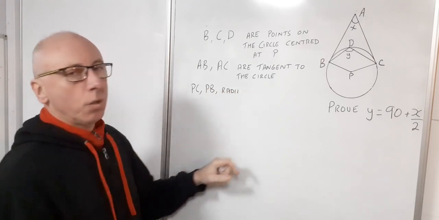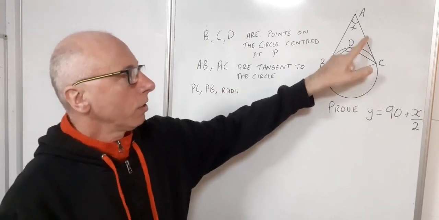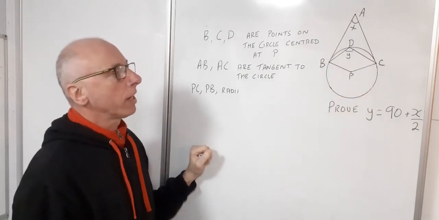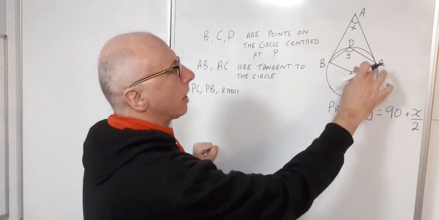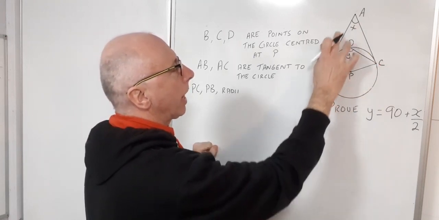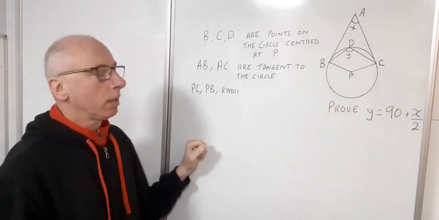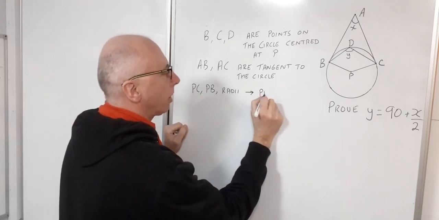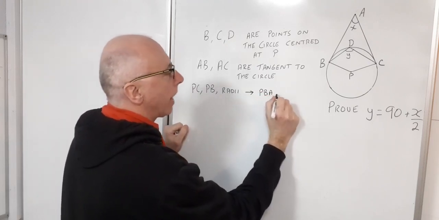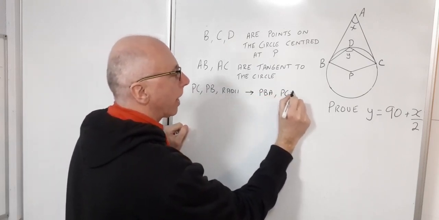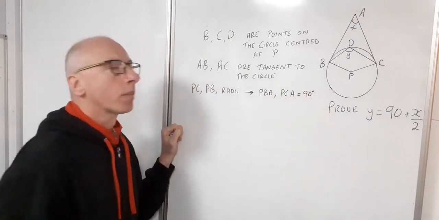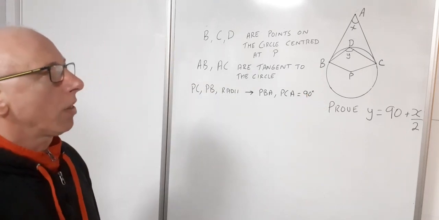Now, when we've got radii joining a tangent, we know they form a right angle. So PCA and PBA will both be right angles. So therefore, PBA and PCA are 90 degrees. So that's one bit of information we've got there.